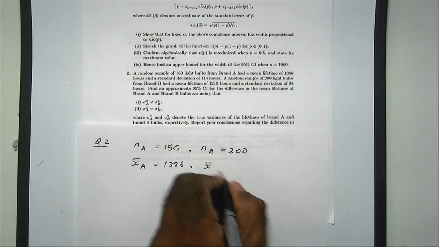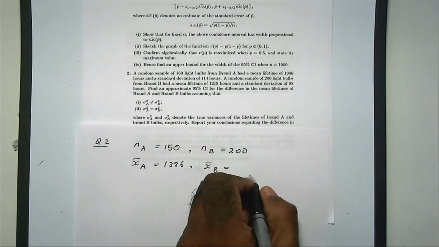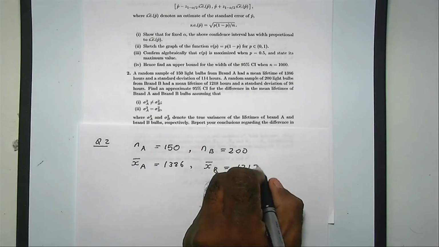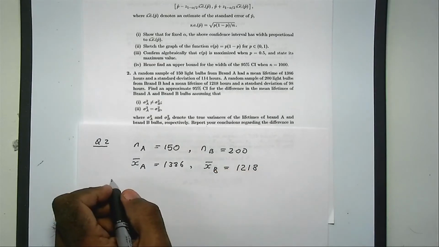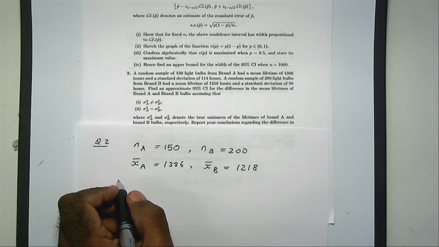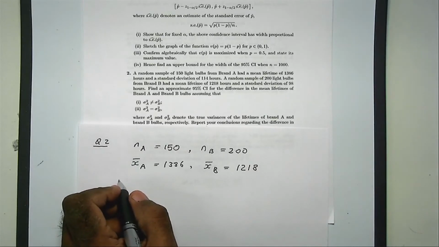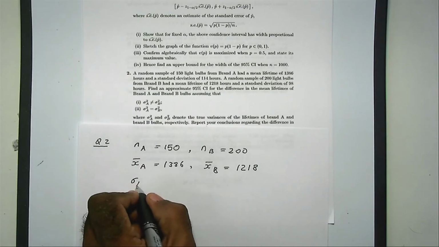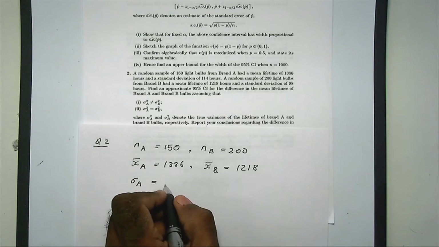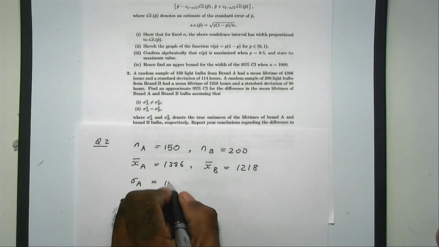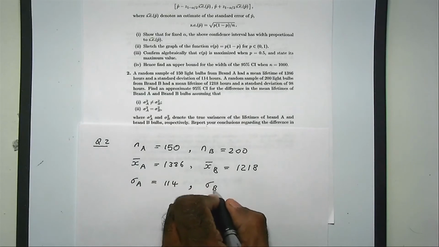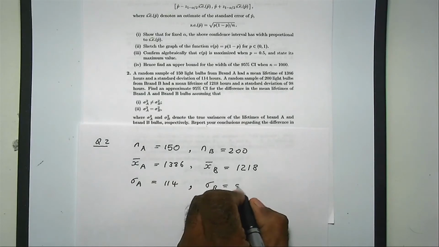For the second sample, it is and we are also given the standard deviation, which is sigma A equal to 114 and sigma B equal to 98.